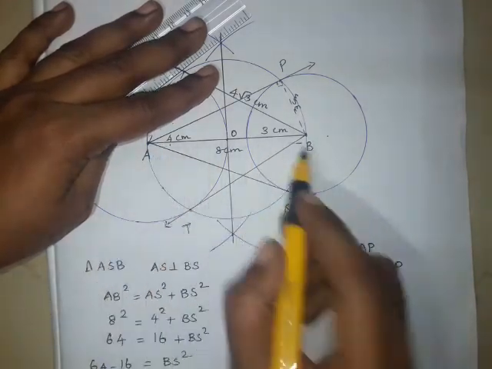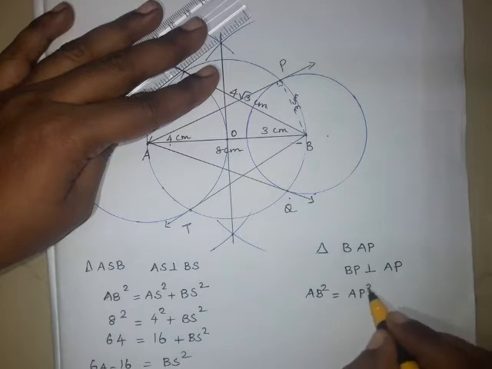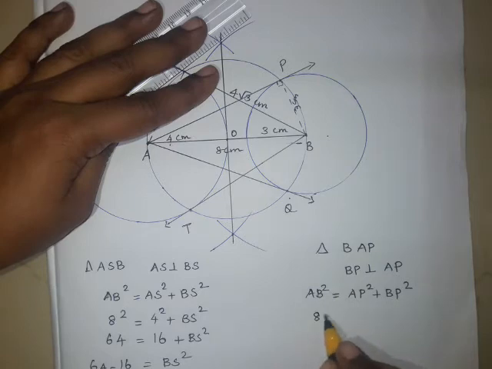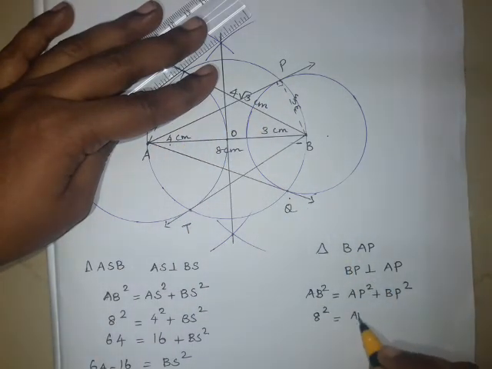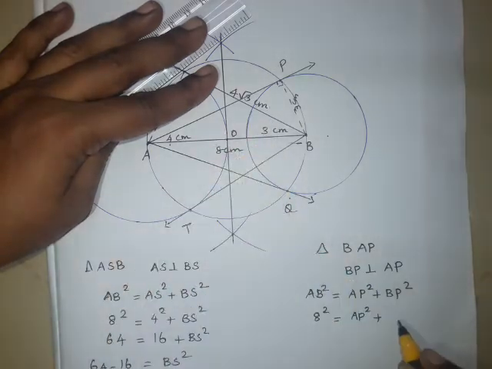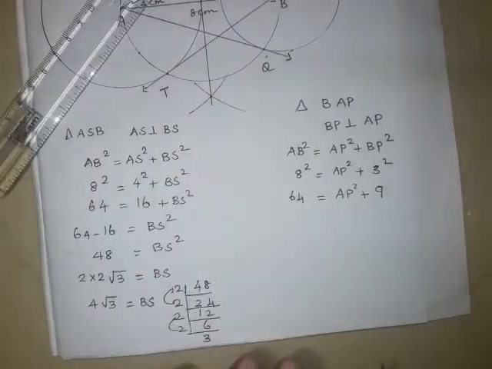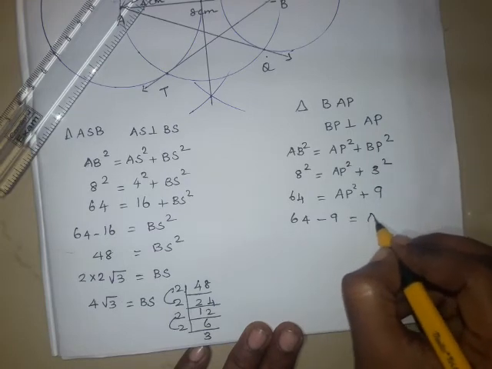This is hypotenuse again, so AB squared equals AP squared plus BP squared. AB 8 squared, AP squared, that we don't know, that is our tangent. AP squared, BP squared 3 squared. Okay, 64 equals AP squared plus 9. So 64 minus 9 is AP squared.